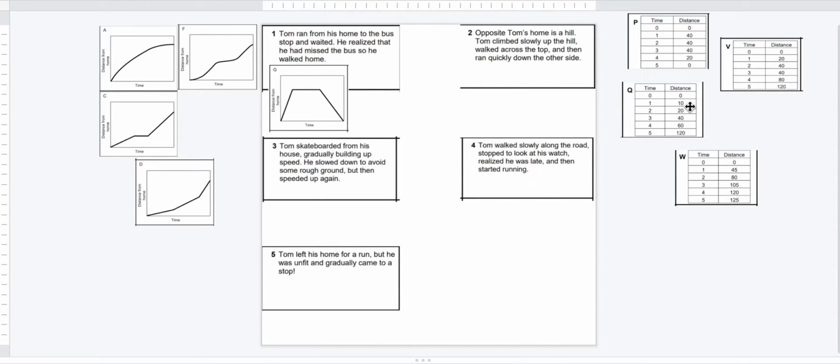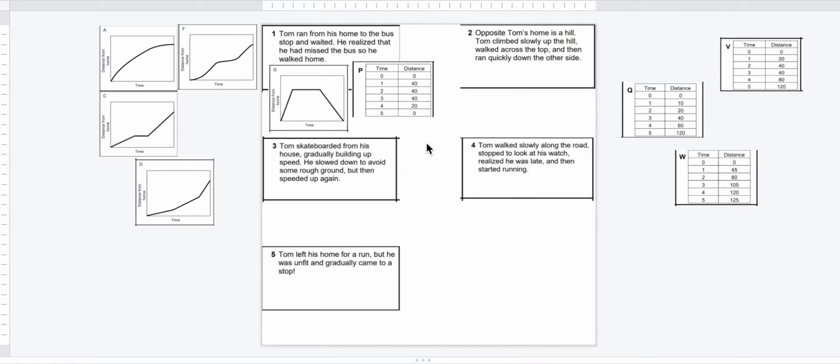Here we've got 0, 10, 20, 40, 60, 120, going farther away, never goes back home. 0, 20, 40, 40, 80, 120. So there is a stop there, but then not a go back home. And then this one seems to continue to increase. So this is the only one that makes sense to go with Tom's situation.